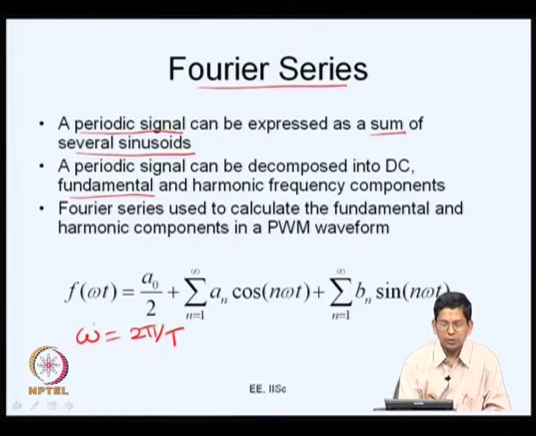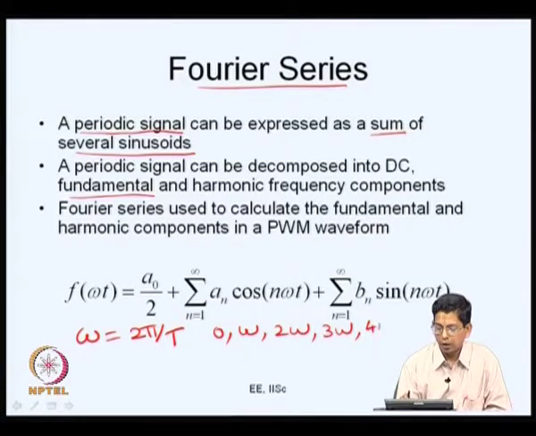So, we have expressed this as a function of the angle at the fundamental frequency, or what we will call the fundamental angle. Now, this f of omega t could have a DC component, given by this a naught by 2, and it could have several other frequency components. One of the frequency components could be omega itself. So, if you look at the frequencies, 0 is one, that is DC, omega is another one, 2 omega, 3 omega, 4 omega, and so on.